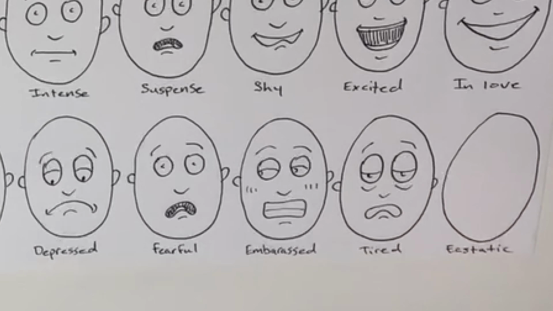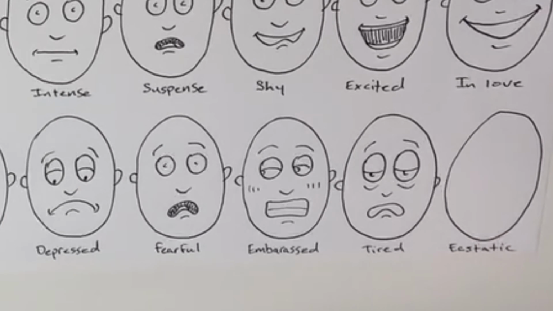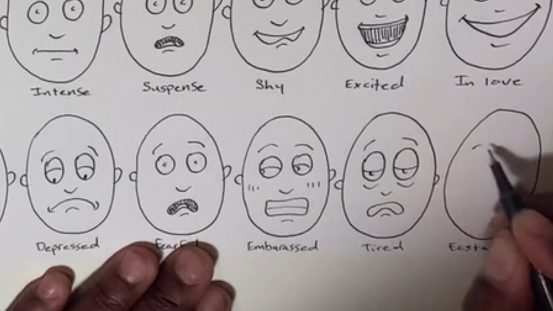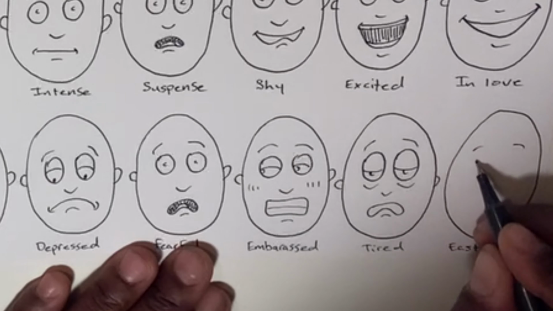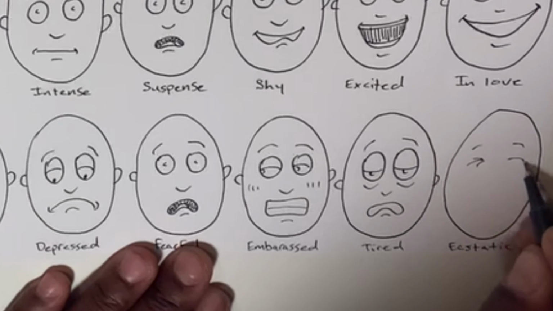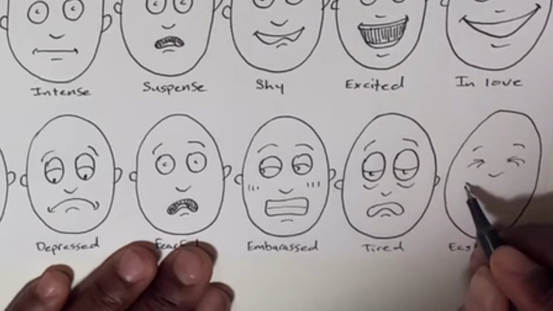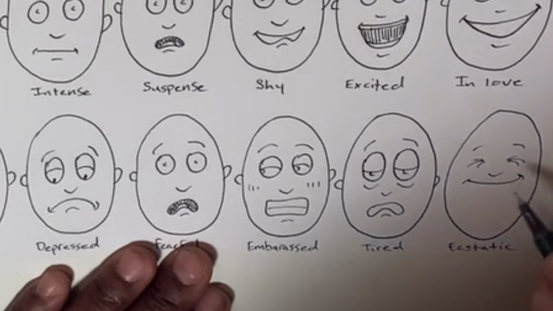All right. Now, let's move on to ecstatic. And ecstatic would be another level from happy, excited. Ecstatic, you are just ready to go. The eyebrows up there. There are real wrinkles on the eye here. On excited, we showed the top and the bottom teeth.